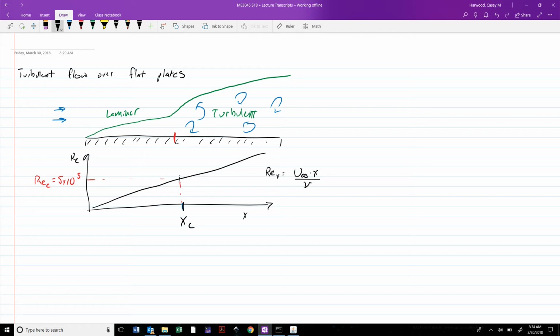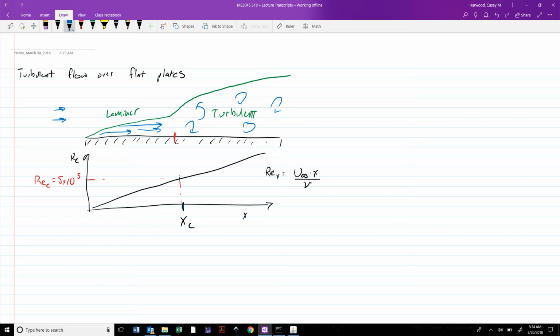We'll call this point x sub c. We have different correlations for the heat transfer that occurs in laminar flow versus turbulent flow. The reason is that laminar flow has this nice orderly sliding of different layers of flow past one another, so most of the heat transfer from one layer to the next occurs through a sort of pseudo conduction.